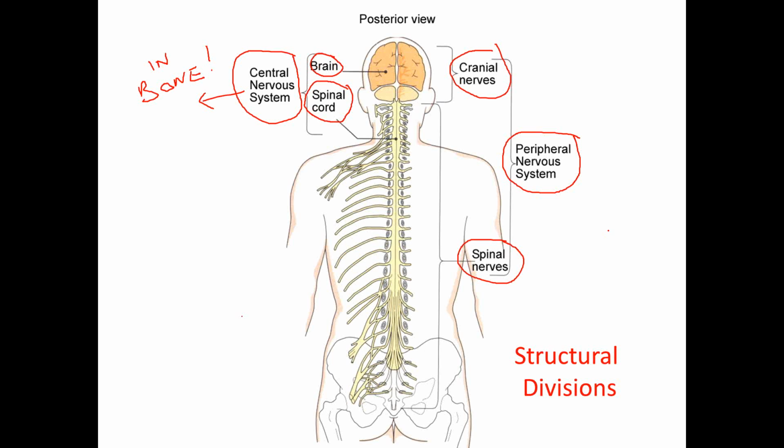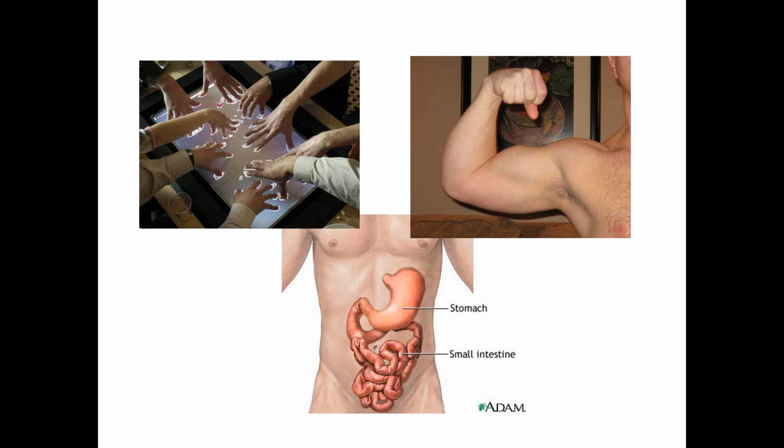We can also give a classification of the human nervous system according to its functions. And on this slide, we can see there are a number of different functions. So up here, one of the key functions of the human nervous system is sensing things. Touching, tasting, hearing, seeing.